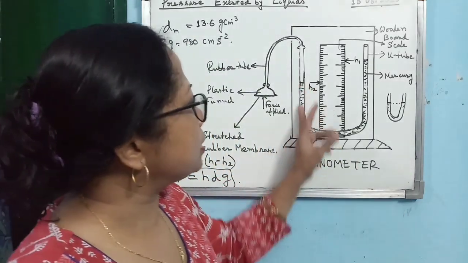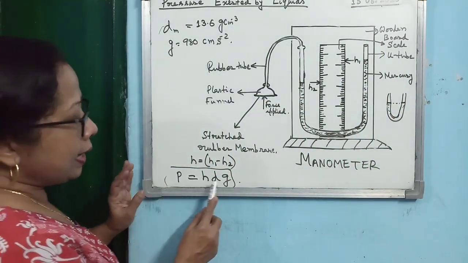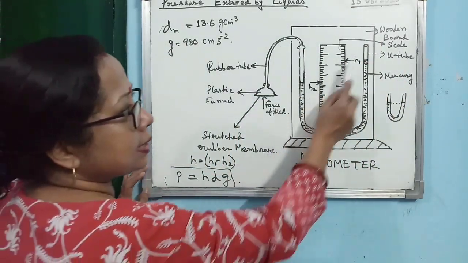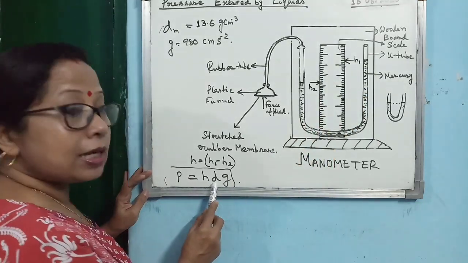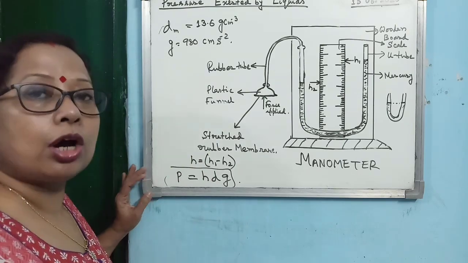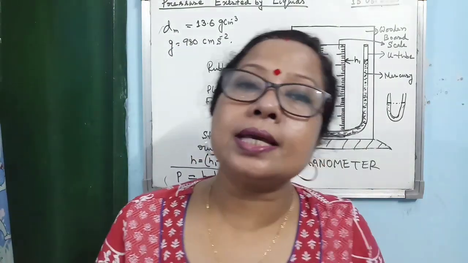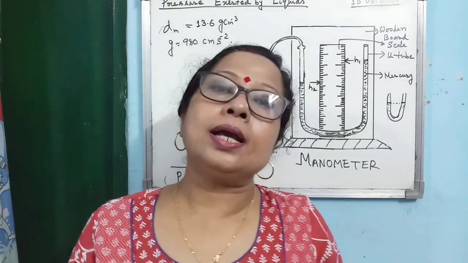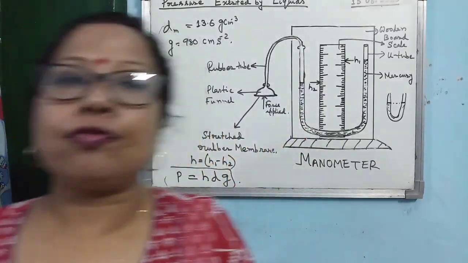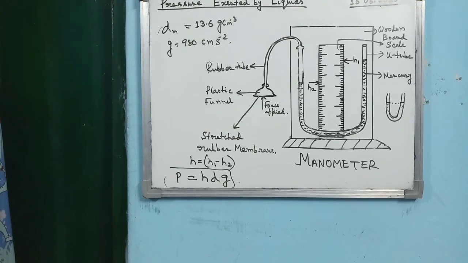So you are using water here. In that case, how will you find out the pressure? You will find out h exactly in the same manner, but instead of using the density of mercury, you will use the density of water. The value of g will remain the same. So this is the way, by using a manometer, one can find out the pressure exerted by a liquid.